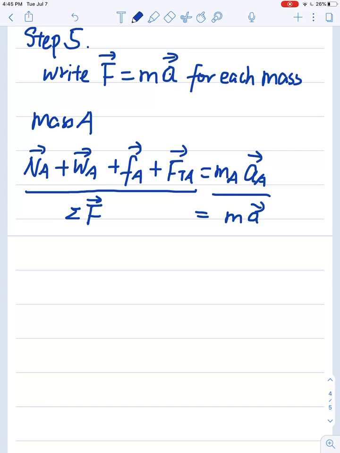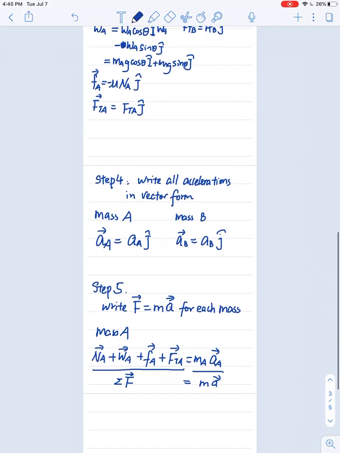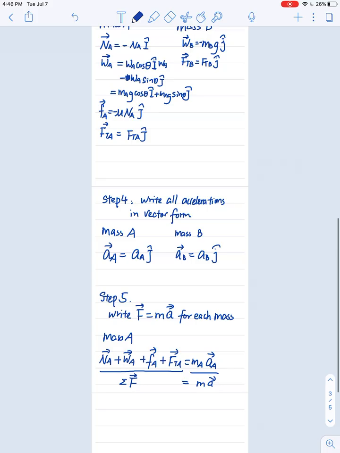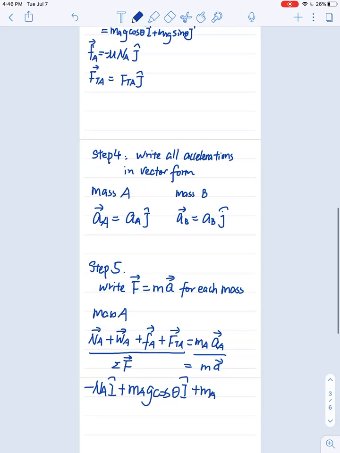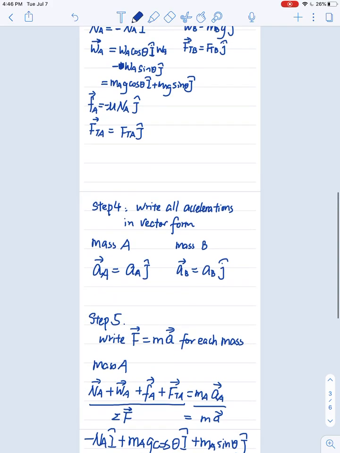So here I would write out what is my NA, WA, FA, and FTA. And okay, I will just simply copy what we have there. So my NA is going to be negative NA i, big I, plus WA has two components, which is MA g cosine theta i plus MA g sine theta j.